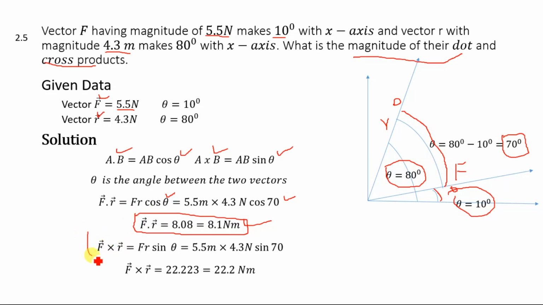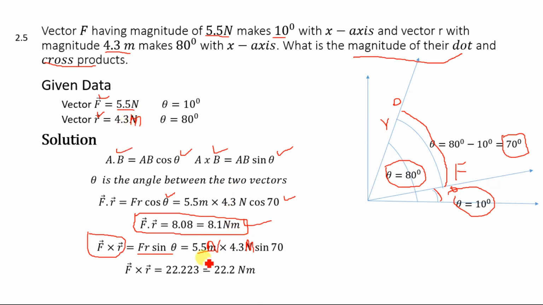Now this is a cross product. We are going to take the cross product between force F and vector r, or radius r, that will give us torque, that is F cross r. So we will have Fr sine theta. F is given as 5.5 Newton, and r is 4.3 meter.